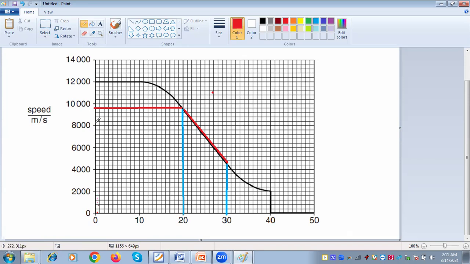So 8,000, 8,400, 8,800, 9,200, 9,600. And the lower one is 4,400.